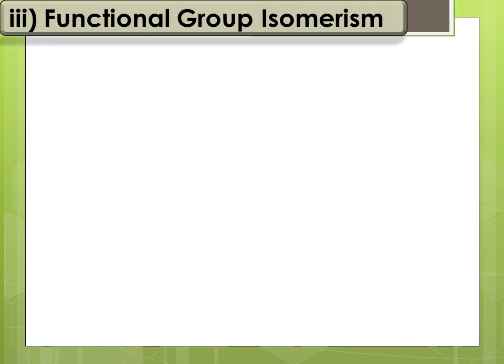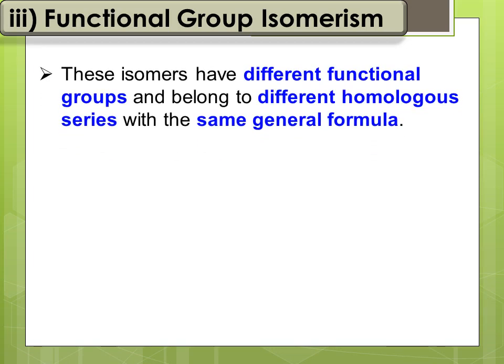Functional group isomerism is shown by isomers which have the same molecular formula but contain different functional groups. In other words, these isomers have the same molecular formula but belong to different homologous series. This type of isomerism is exhibited by many organic compounds.